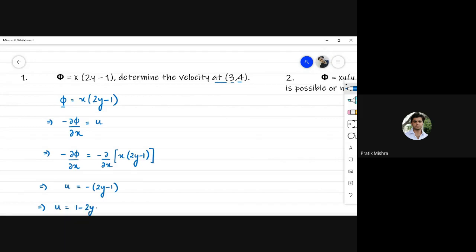So this is your velocity component in x direction.